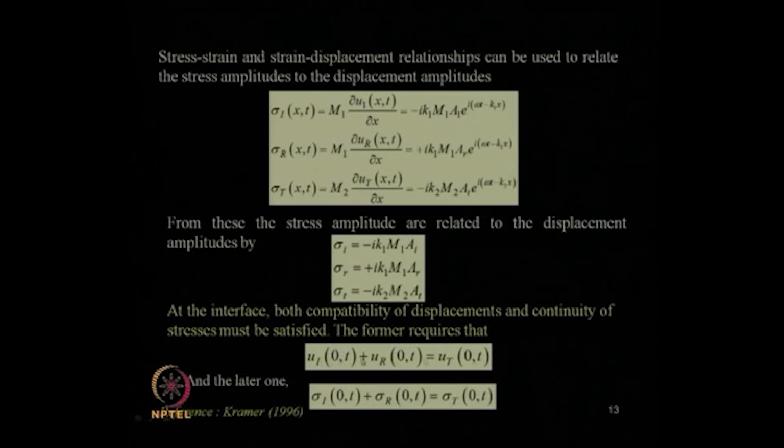That is from displacement compatibility, whereas from the equilibrium of stress condition, the stress due to the incident wave at x equals 0 plus the stress due to the reflected wave at x equals 0 should be equal to the stress due to the transmitted wave at x equals 0. Now, let us continue this in today's lecture further.